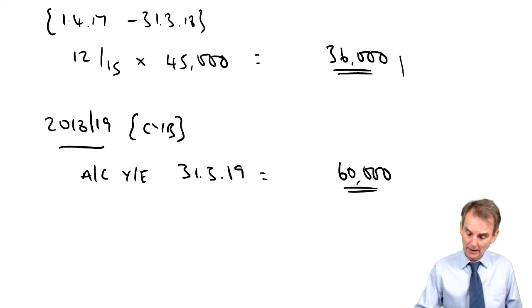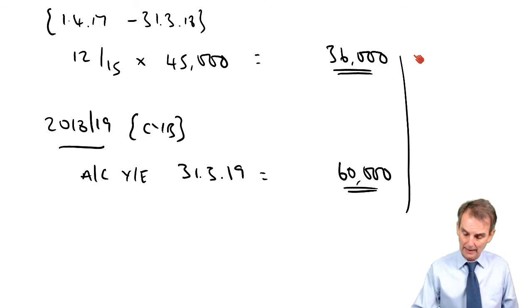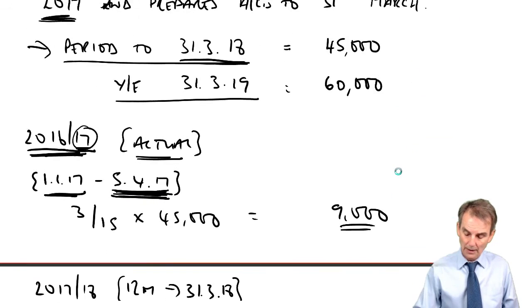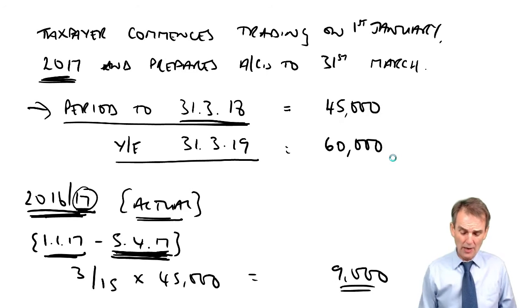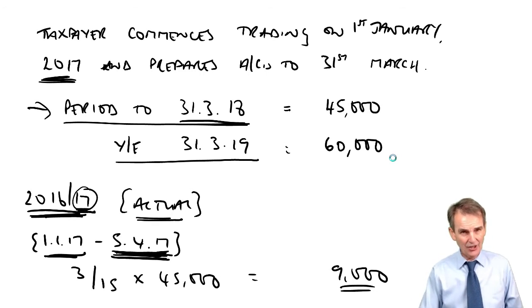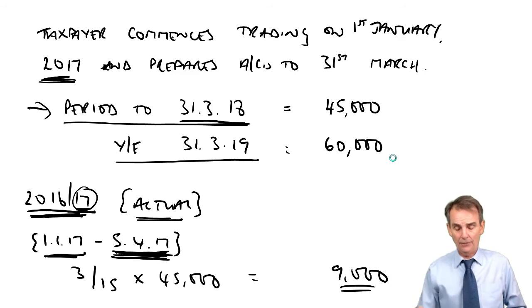Now, in terms of the example that we had here, what we did, as we have done all the way through the examples so far, we started trading on the 1st of January and prepared accounts to not the next 31st of March, but the following 31st of March, a 15-month period through to March 18.